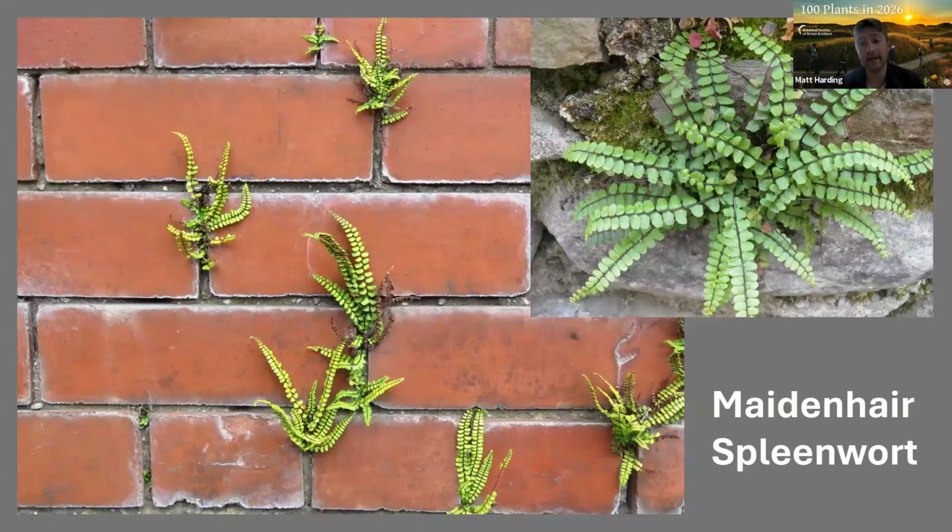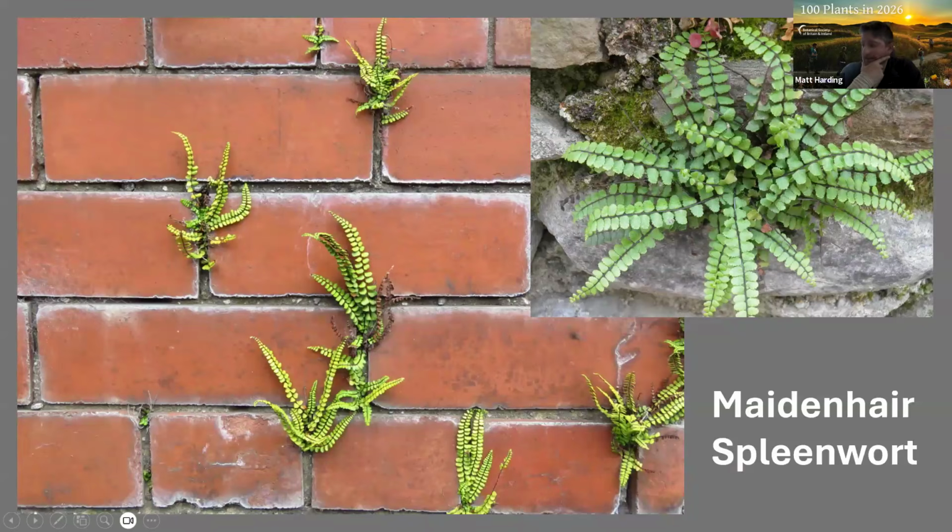The walls in urban areas, of course, also support ferns, and there are two very common ones. This one is maidenhair spleenwort, with a very distinctive black wiry stem or rachis, and the leaf-like bits, the pinnae, in pairs going up the stem. And here it is growing on the mortar in a brick wall, absolutely classic.